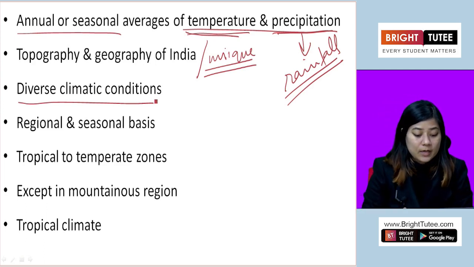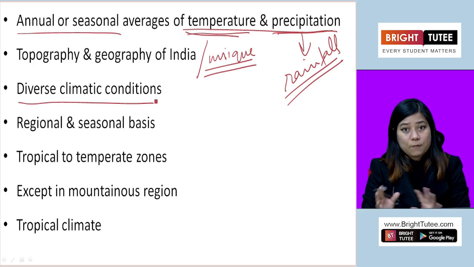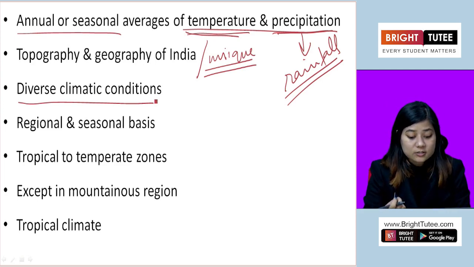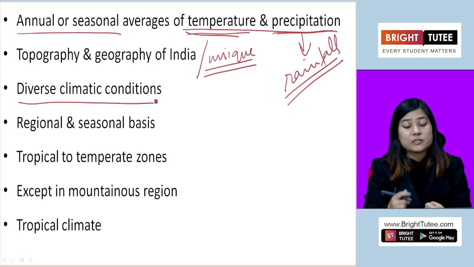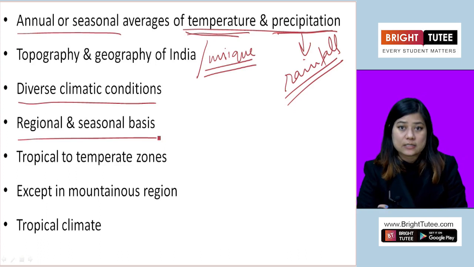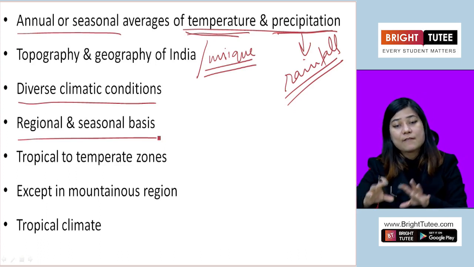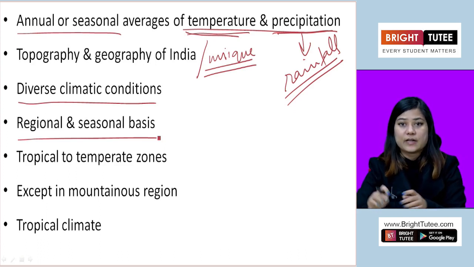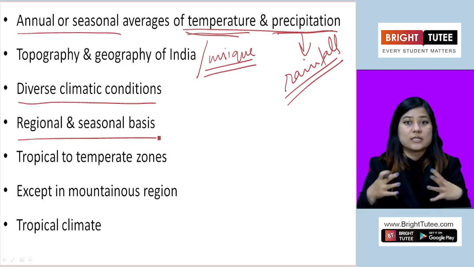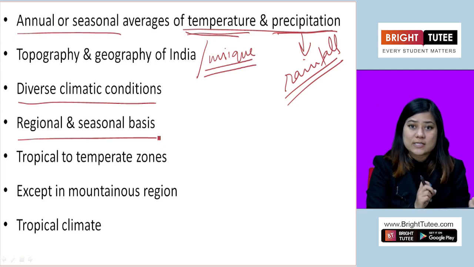All right. Now, this change in the climatic conditions is also different because of the region and the season. Every region is different, for example, the northeast region, the north region, the south region, the west region.